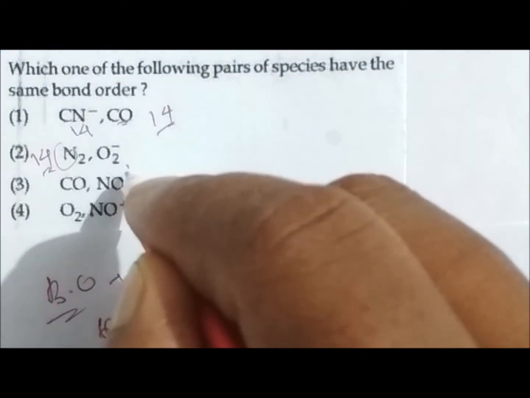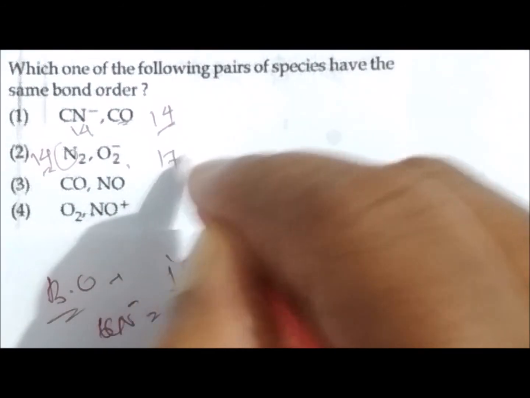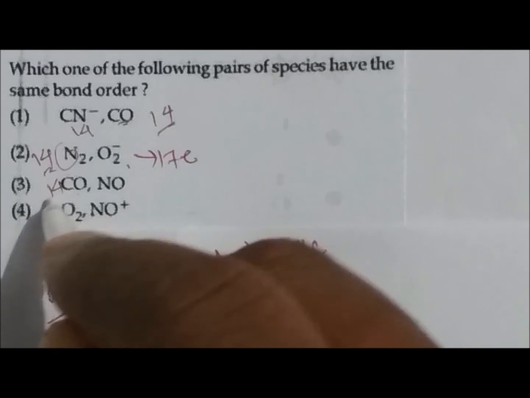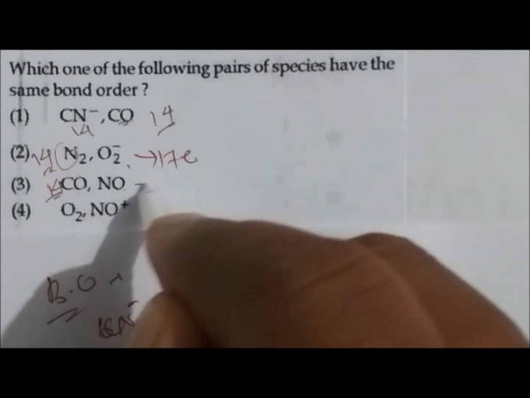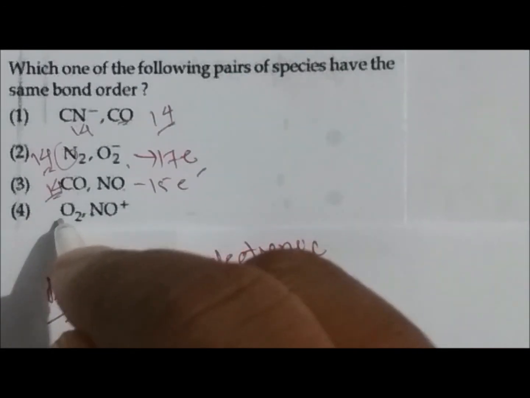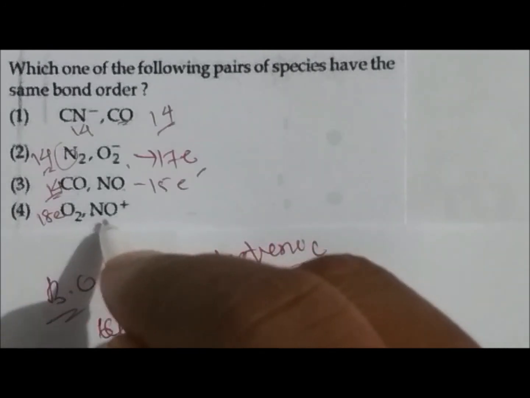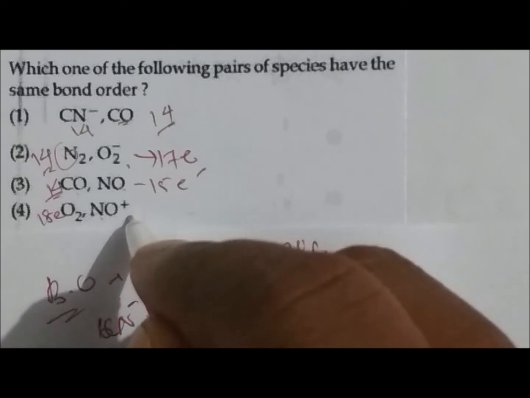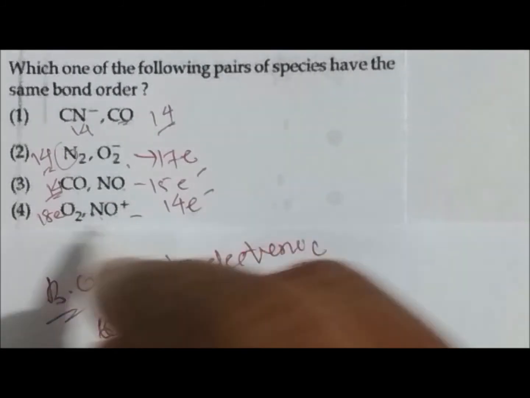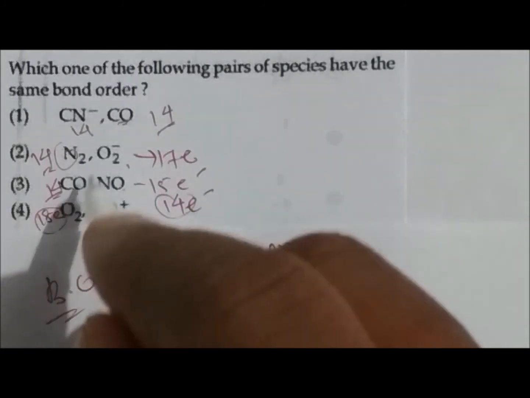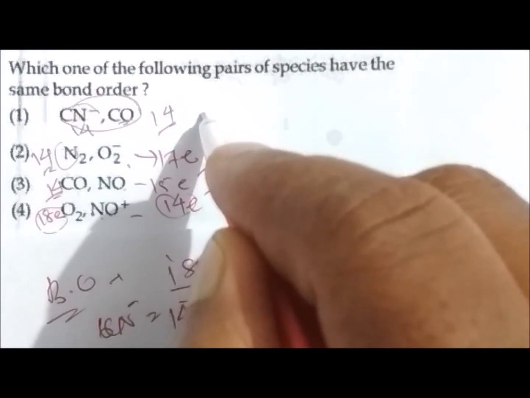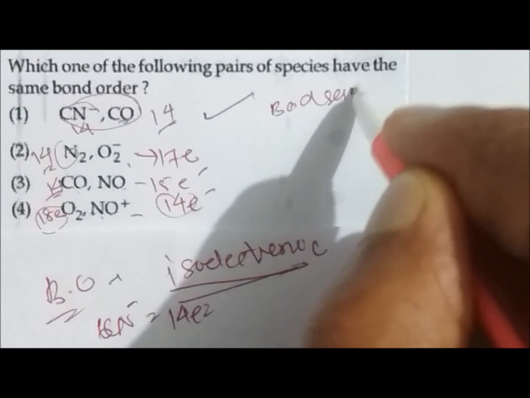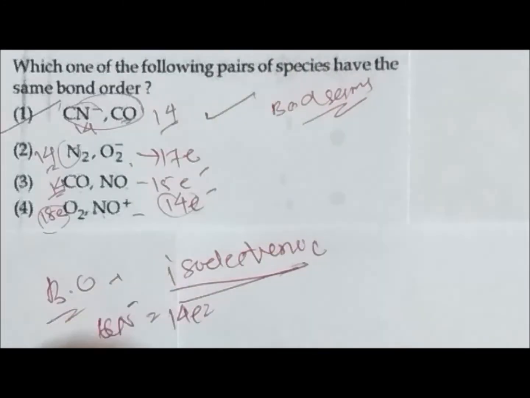But for oxygen, it is 8 into 2, 16, plus 1, 17 electrons. In carbon monoxide it is 14, but nitrogen it will be 8 plus 7, 15 electrons, and oxygen again 18 electrons. For nitrogen oxygen it will be 7 plus 7, 14 electrons, so again this is also different. So only this is isoelectronic, so here the bond order will be the same. So our answer 1 is correct.